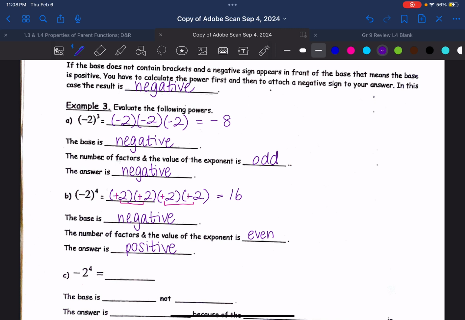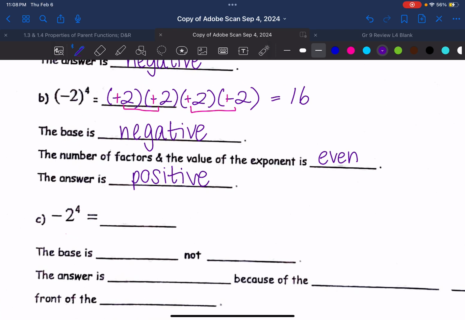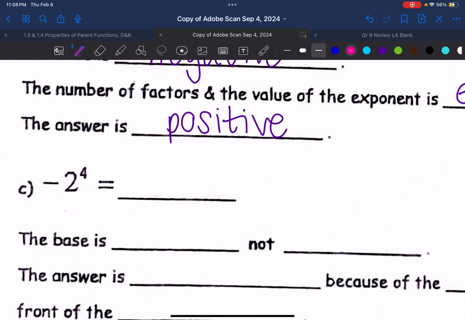We said if there's no brackets, then the base is positive, and we're just attaching a negative sign at the end. So if I really wanted to write this as repeated multiplication, 2 is my base, not the negative. The negative is on the outside. It's almost like you can draw your brackets here to say it's just 2 to the power of 4 and then times -1 at the end.